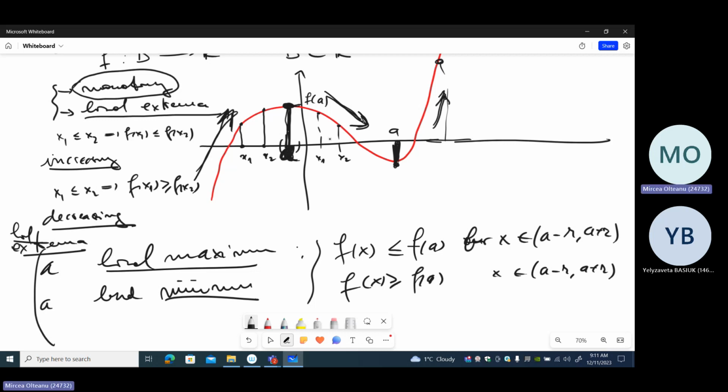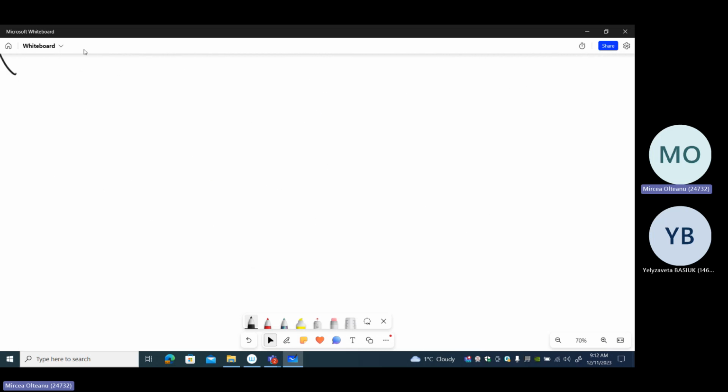Okay, so for both problems, we have the same tool, namely the derivative. I will try to sketch the idea of the derivative.